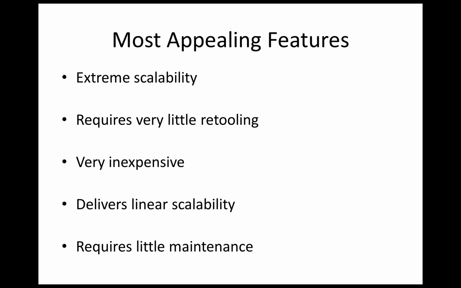So what are the most appealing features of Redshift? Number one is its extreme scalability. So I've shown you examples here of billions of rows, but this system can go up to hundreds of billions of rows and even more. And then it requires very little retooling.